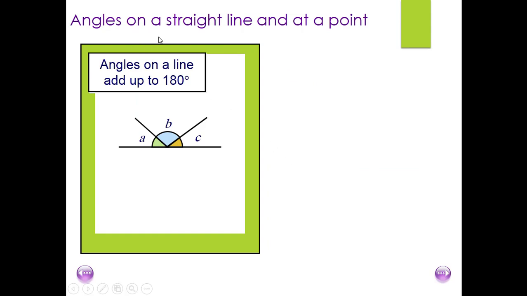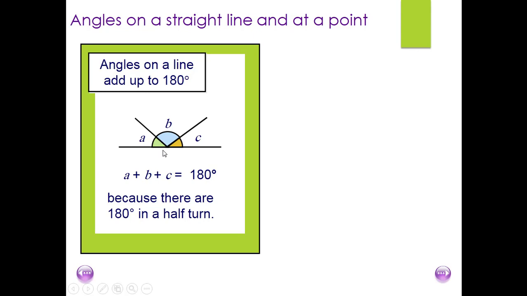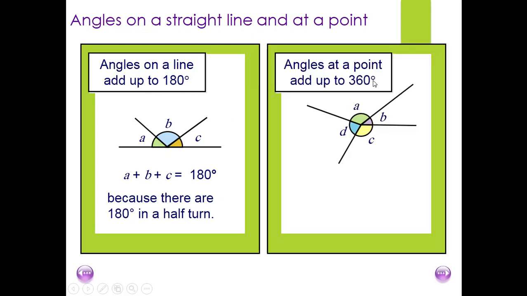Here we have the angles on a straight line and at a point. Here we have this line, we call it a straight line. When we add CB and A, this forms a straight angle. Angles at a point.